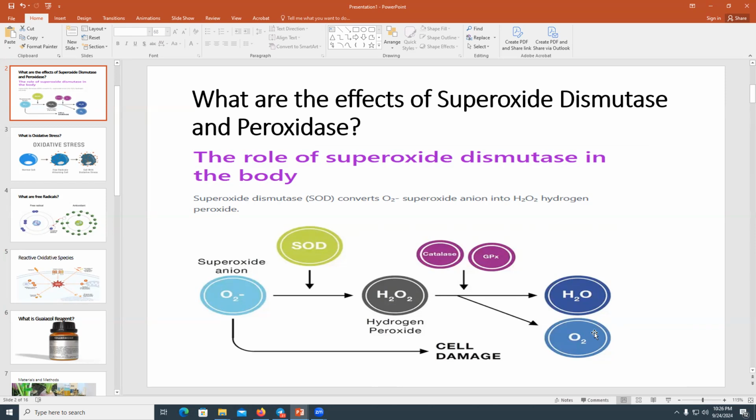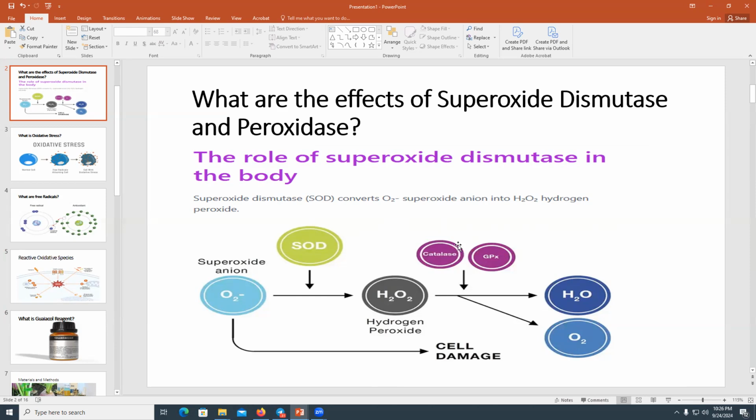So if you add Guaiacol to hydrogen peroxide in water, it will not change color. If you add Guaiacol to peroxidase only, it will not change color. But if you have Guaiacol with hydrogen peroxide and peroxidase, the two reactions will now happen.